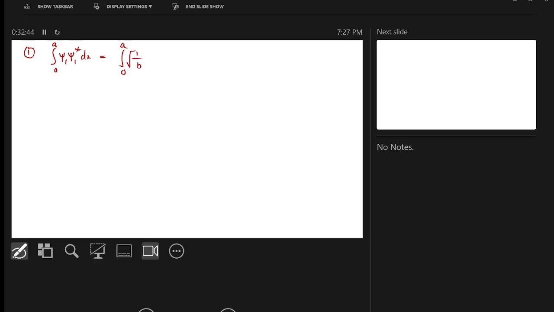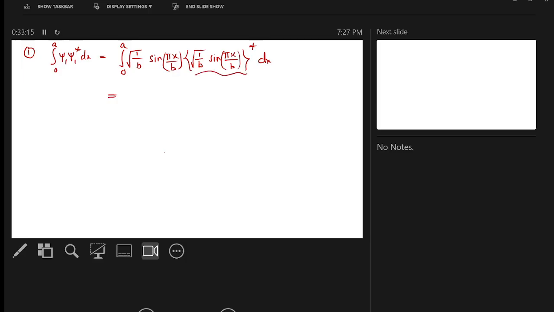The complex conjugate of this is the same, since we don't have an iota term, so there is no need to change anything.